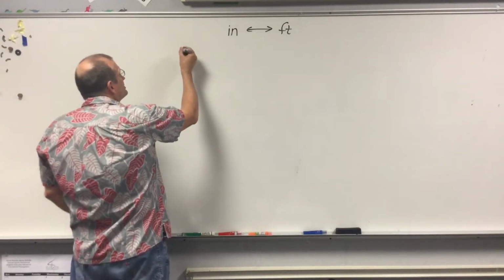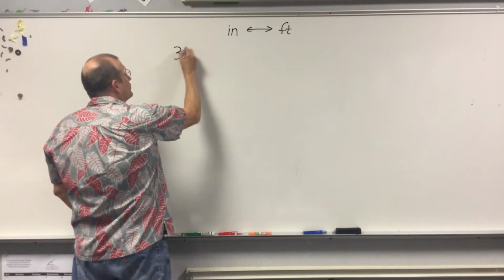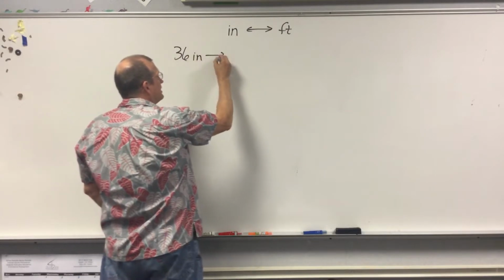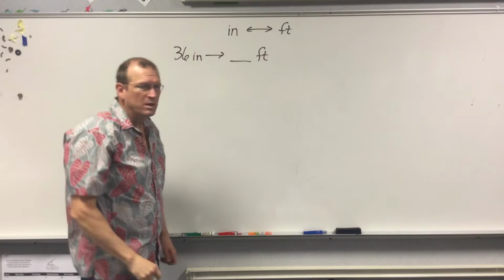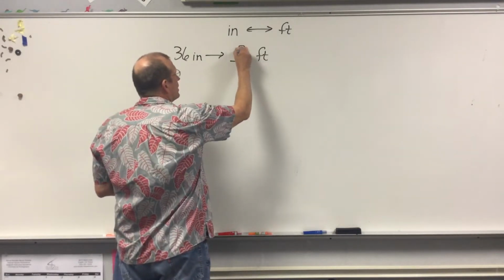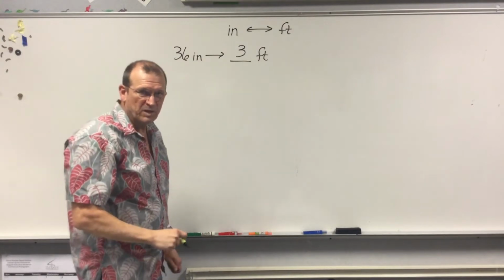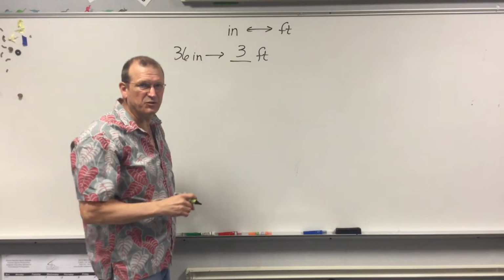If I were to tell you I have 36 inches and I need to convert that over to feet, most people would easily be able to just tell me, well, it's 3 feet.